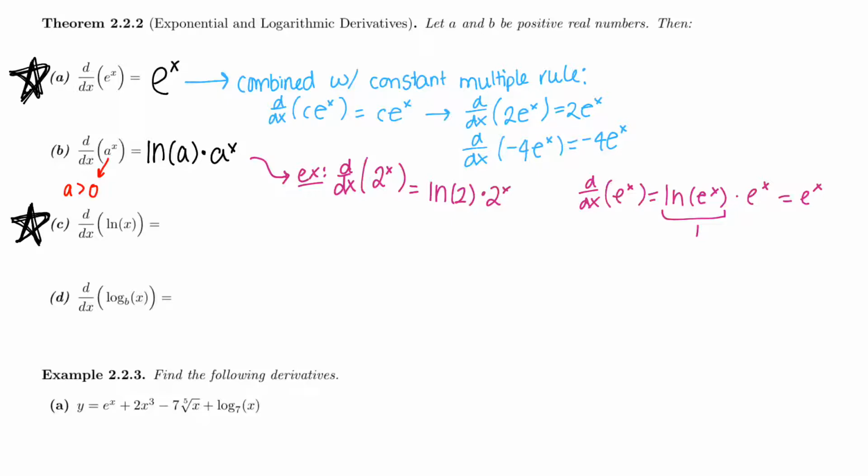All right, the derivative of ln x is going to be 1 over x. And then the derivative of log base b of x, kind of similar to part B, is 1 over ln b times x.